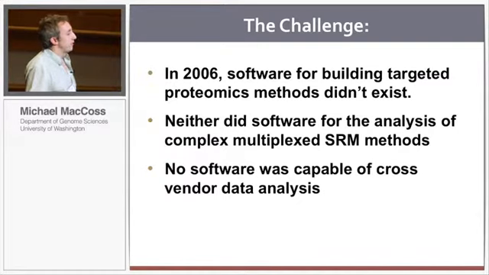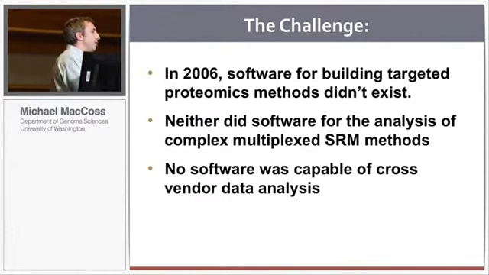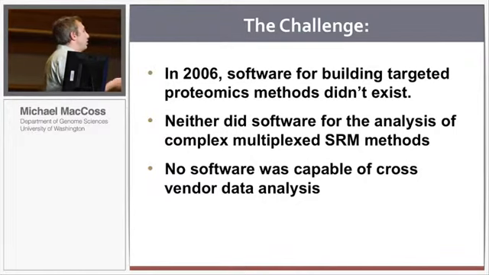The big problem was that when we first started this in 2006, software for building targeted proteomics methods didn't exist. Neither did software for the analysis of complex multiplex SRM methods. A lot of the software was designed to measure a couple of compounds in thousands of samples, not tens or hundreds of peptides in tens and hundreds of samples. It was a paradigm shift in how we needed to think about building these things.